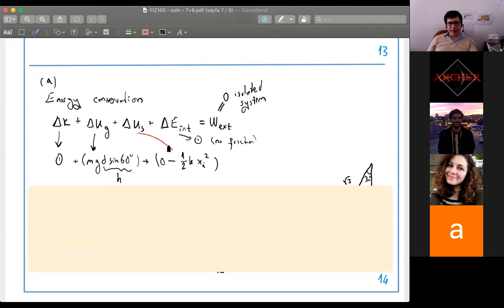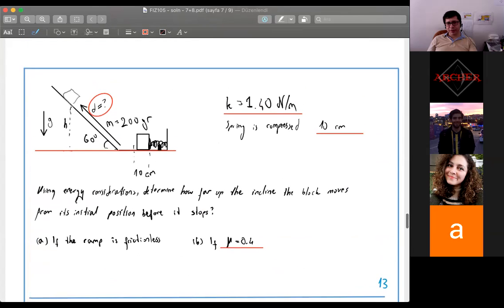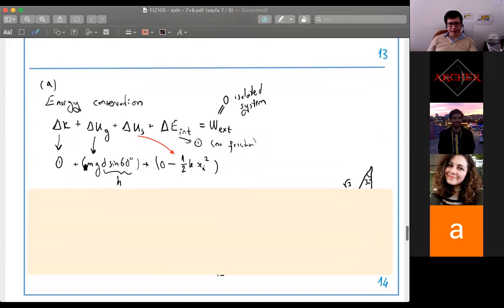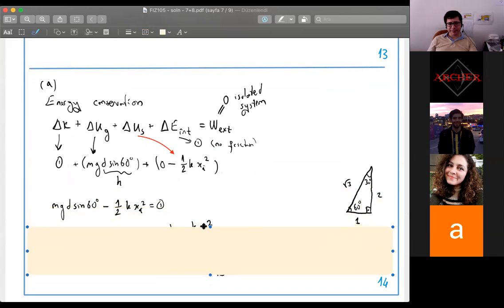And if you look at the elastic potential energy part, initially we have this much elastic potential energy. There's a certain compression on the spring of 10 centimeter. A spring constant is also known, so everything is known here. Therefore, I can just simply solve for D and find my result. Here, mgd sine 60 minus 1/2 k xi squared equals 0.